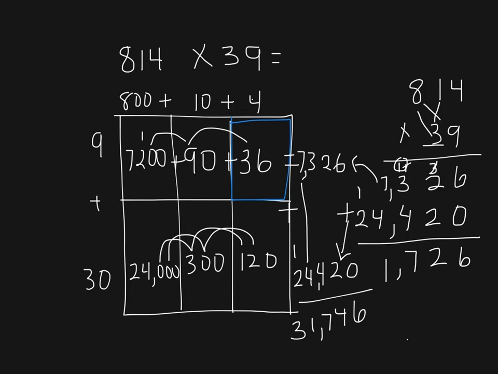One 10,000 plus 2 is 30,000. So my final answer, 31,726, and it matches up with the answer I got in my area model.